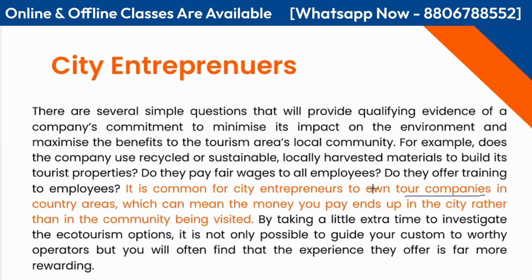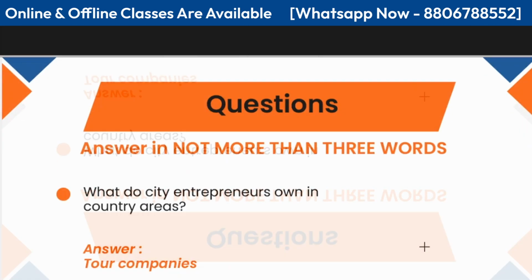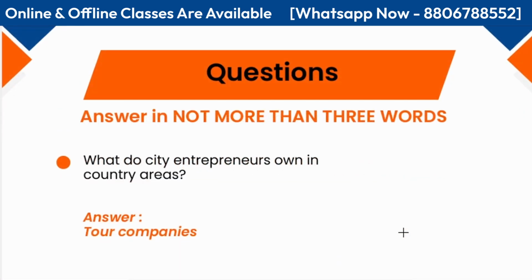So the answer here is, they own tour companies. So you can check whether you've got the right answer. So these were the 2 practice examples in relation to short answer questions.